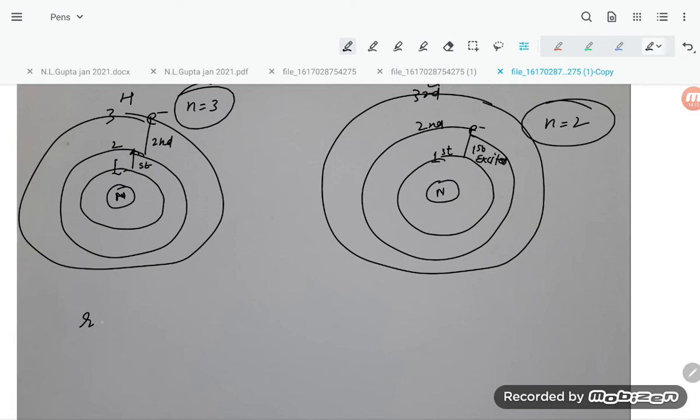So R3 of hydrogen is equal to 0.529 into n value 3 square upon Z value, for hydrogen 1. Here R2 is equal to 0.529 into 2 square upon, lithium atomic number is 3.